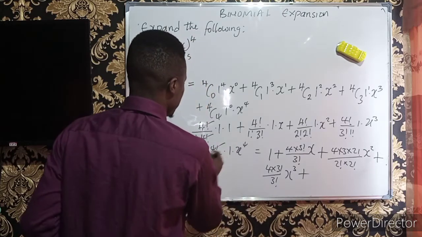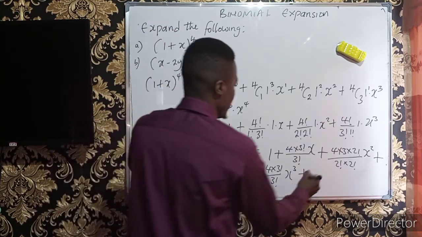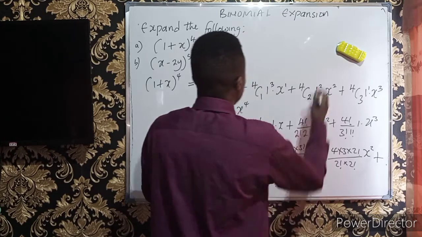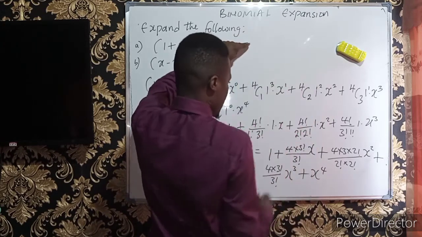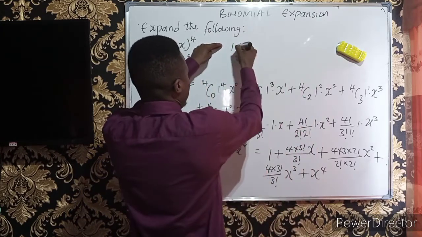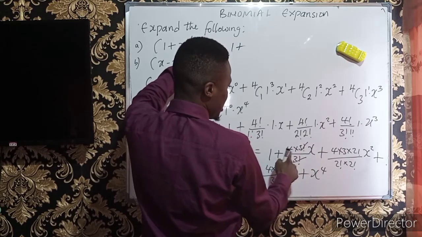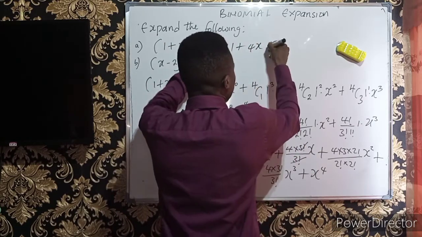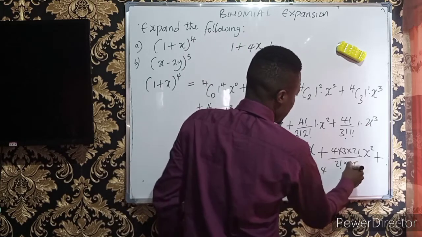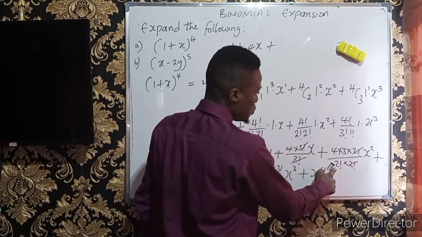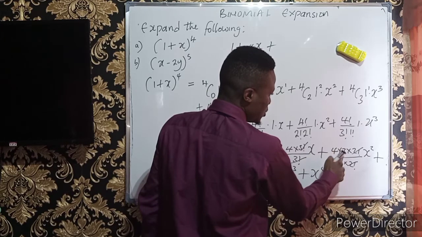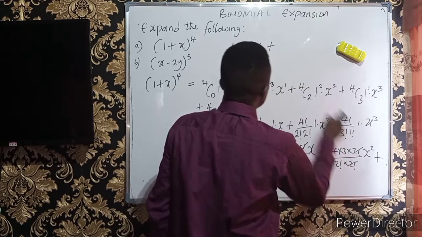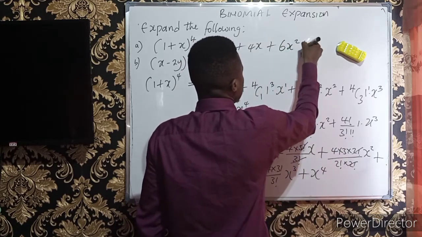Plus this thing, 4 factorial cancels 4 factorial. We are left with x to the power of 4. Okay, so I'll complete it up here. Now we have 1 plus, this cancels out, we have 4 times x, which is 4x, plus this cancels out. 2 factorial is 2, and 4 divided by 2 will give us 2. 2 times 3 is 6, so we have 6x squared.